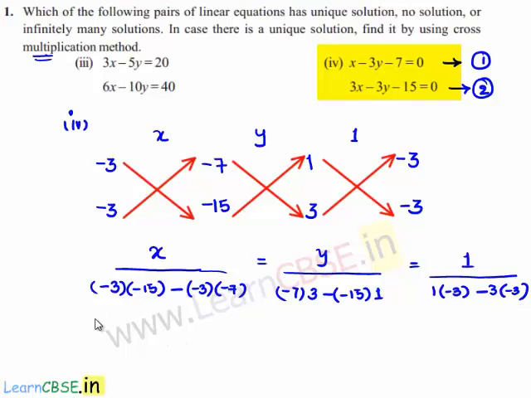So on further simplification, we get x divided by minus 3 multiplied by minus 15 is 45, and minus of minus is plus, and minus of plus is minus.